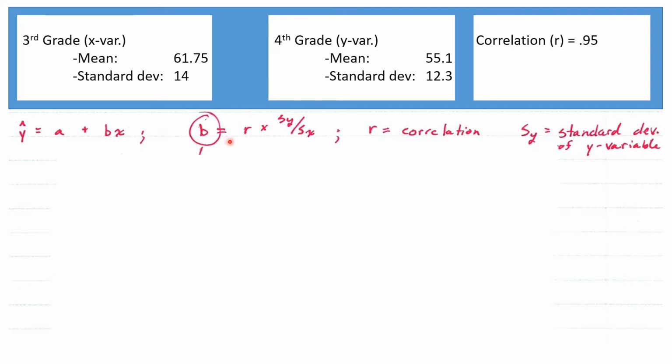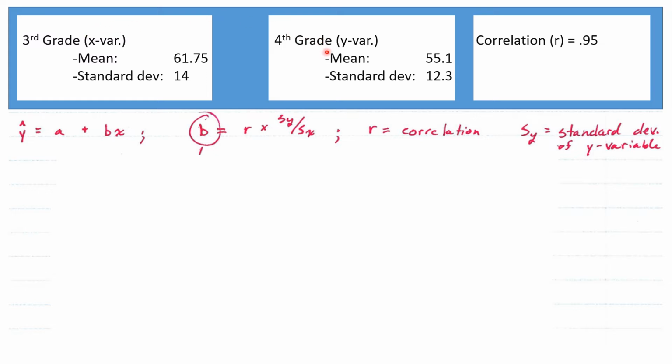So our slope is just going to be equal to r, which is the correlation, times the standard deviation of the y variable divided by the standard deviation of the x variable. Remember, we're using third grade scores to predict fourth grade scores. And so the third grade information is going to be our x variable.